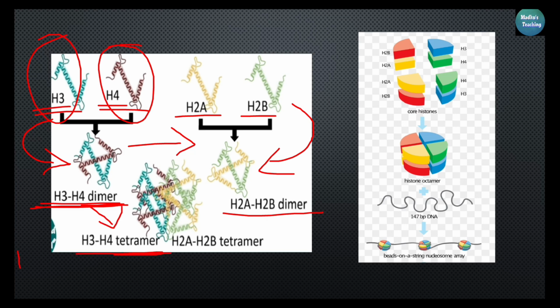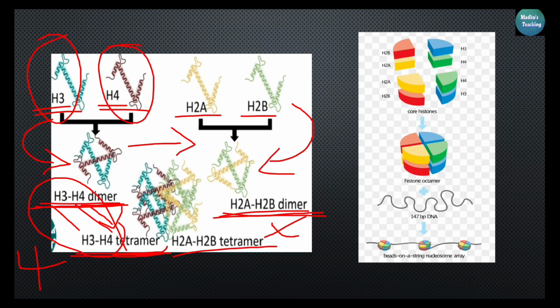Tetramer means 4, it has 4 molecules: 2 H3 histone proteins and 2 H4 histone proteins. So the H3H4 tetramer has 4 histone proteins. In the same way, the H2A H2B dimer along with another H2A H2B dimer combine to form the H2A H2B tetramer.